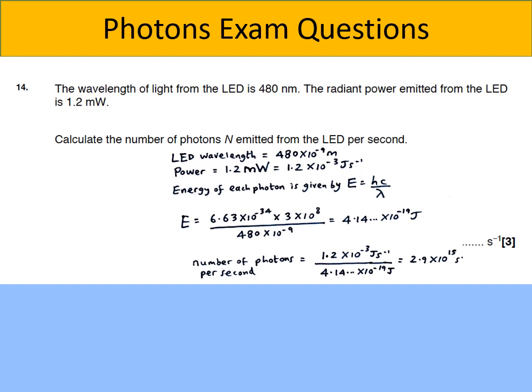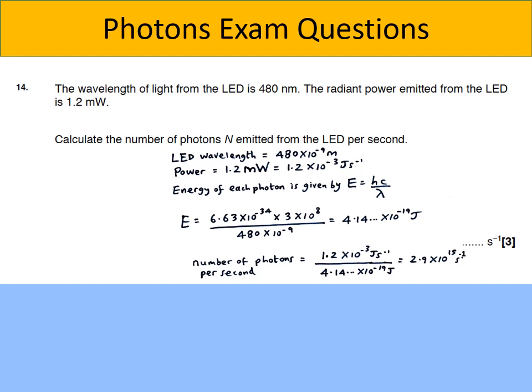The power is given as 1.2 milliwatts, which is equal to 1.2 times 10 to the power minus 3 joules per second. The energy of each photon is given by E is equal to hc over lambda. So E is equal to 6.63 times 10 to the power minus 34 times 3 times 10 to the power of 8. Divide all of that by the wavelength, which is 480 times 10 to the power minus 9.